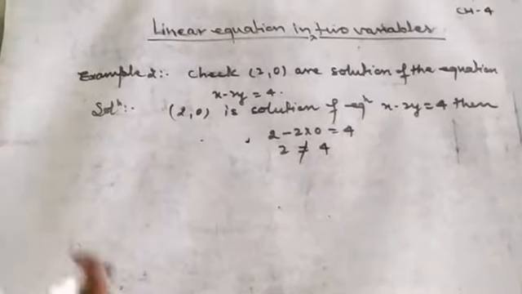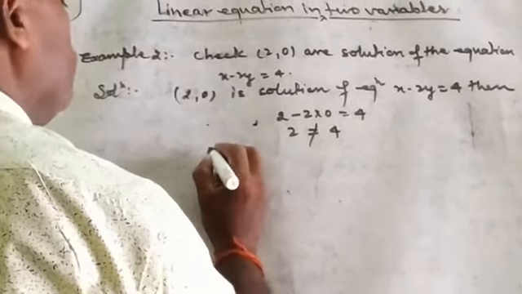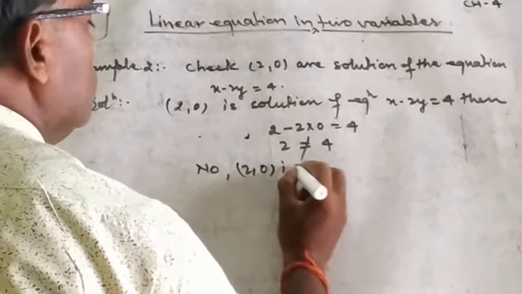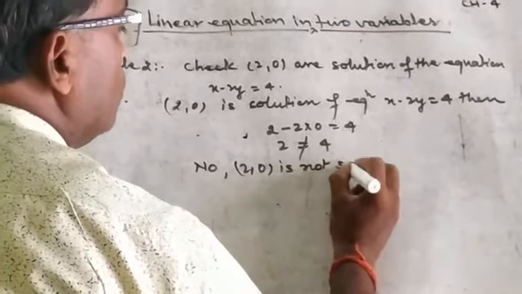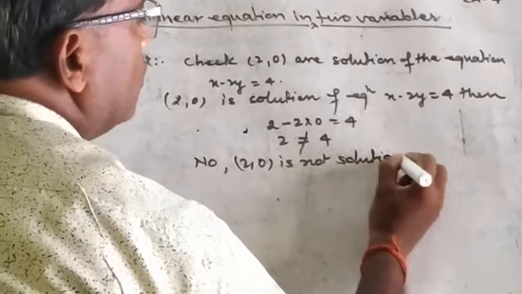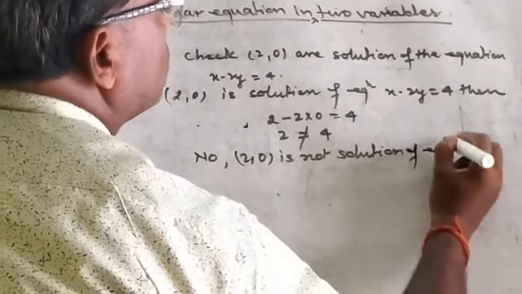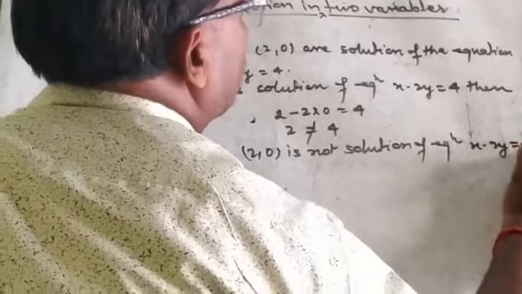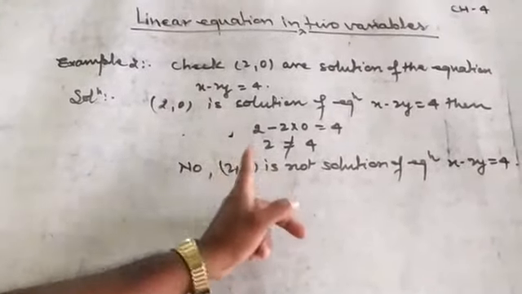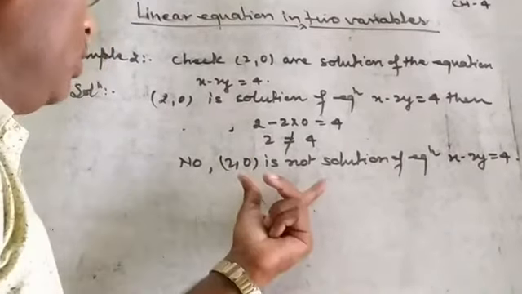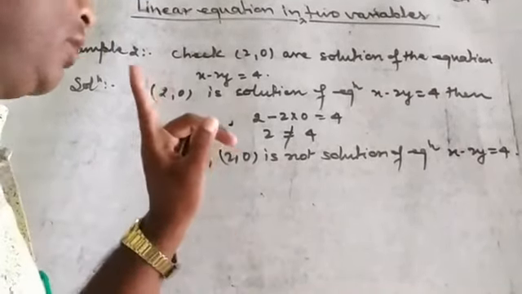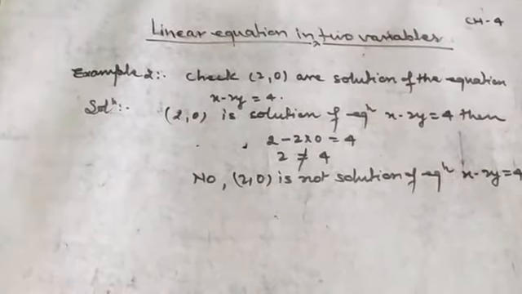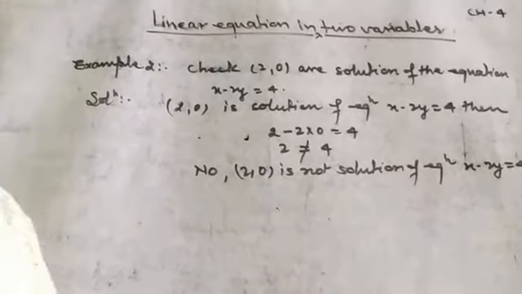Not possible, right? Then what happened? No. 0, 2 is not a solution of the equation x minus 2y is equal to 4. If the left hand side and right hand side values come the same, then it is a solution. If not the same, then it is not a solution of the given equation. In this way you can complete. So many parts are given in this question.